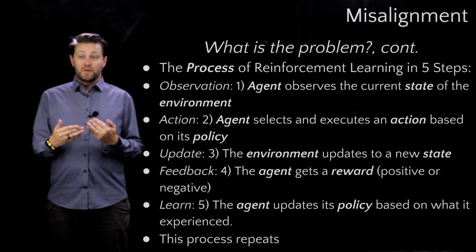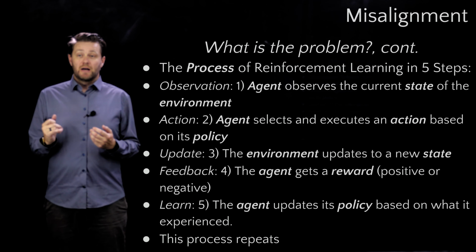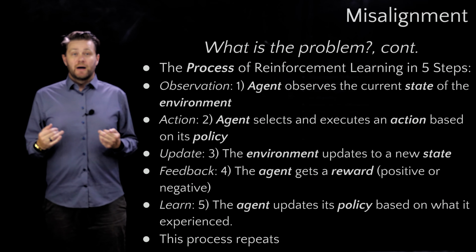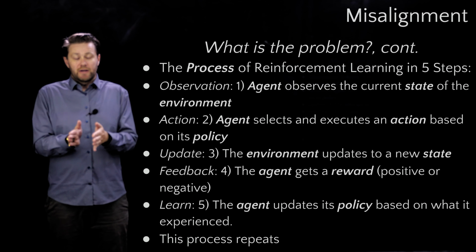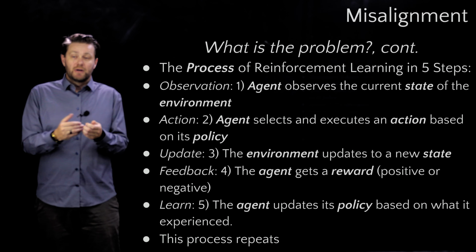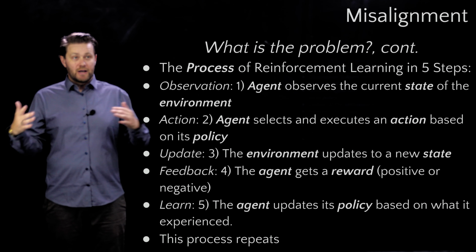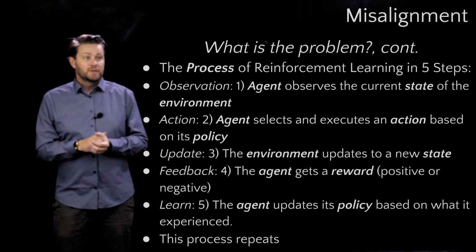If this is its first action, it's possible that the policy is not set, it's just completely random. That would be the exception. But for everything else, the agent is going to execute an action based on its policy.